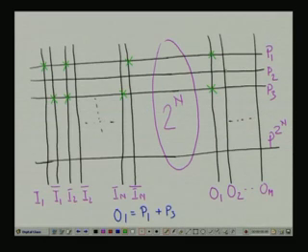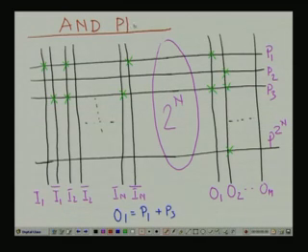Similarly the min terms will be selected. So, this is my programmable AND plane and this is my programmable OR plane.